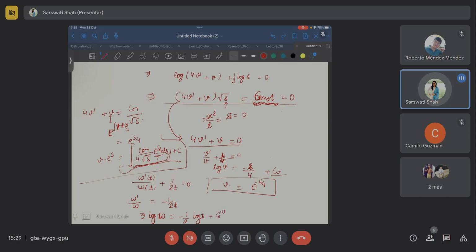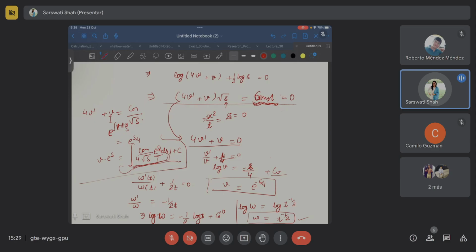Take this constant equal to 0. So logarithmic of W equals logarithmic of t to the power minus 1 over 2. So W equals t to the power minus 1 over 2.